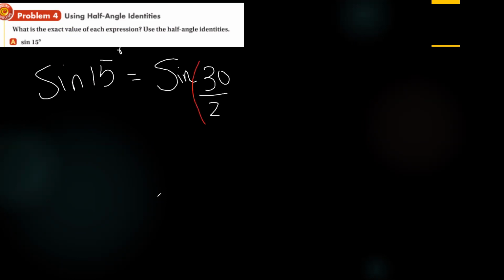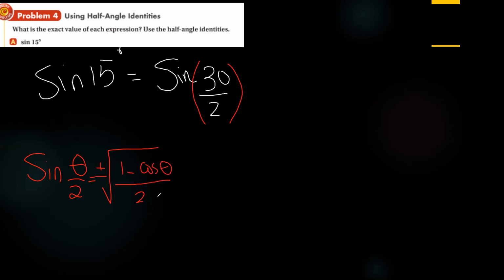The sine of 15, in order to solve it by the half angle identities, we say that it is sine of 30 over 2, because all of us know that if you divide 30 by 2, you get 15. So it's sine of 30 over 2. Now remember that sine of any angle over 2 is a square root, positive or negative, of (1 minus cosine of theta) over 2.